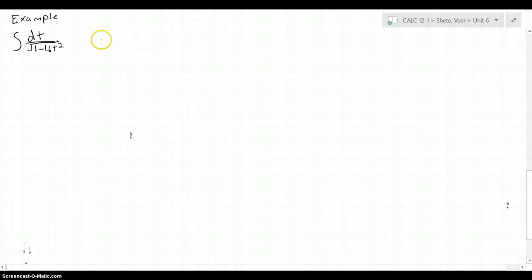So now, based on our knowledge of our integration formulas in relation to our inverse trigonometric functions, we'd be able to answer this example here in regards to finding the integral. With pretty much all of the inverse trigonometric functions, what we have to use is u substitution.